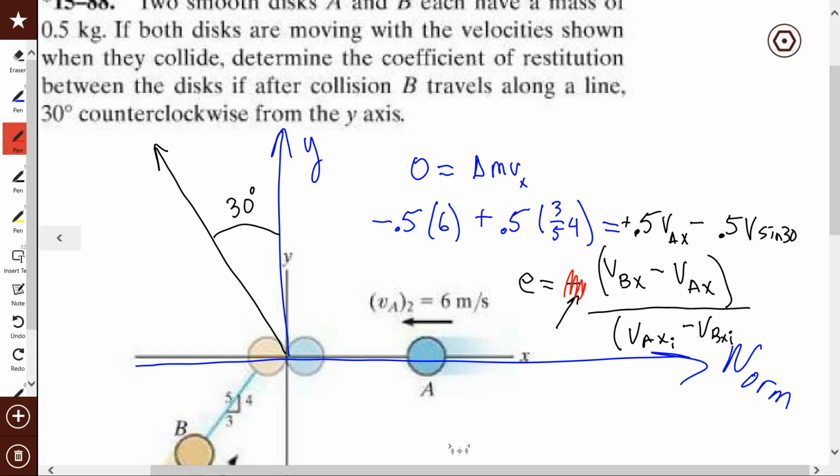This is what I remember: it's B minus A over A minus B. It's departure, final, over initial. You take one minus the other, and then you reverse it. What I don't remember is whether or not there was a negative, and I think your author does it backwards for me.